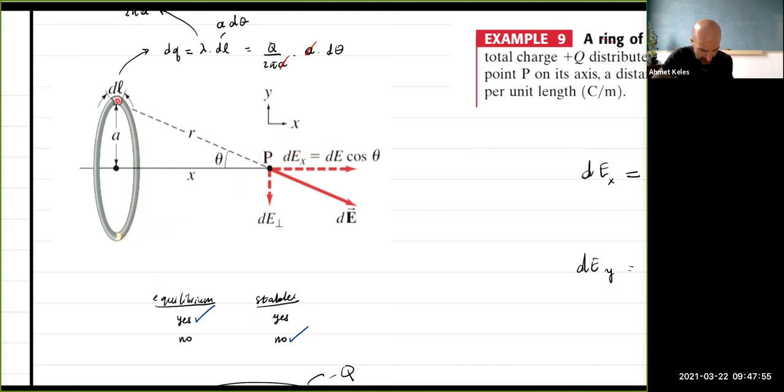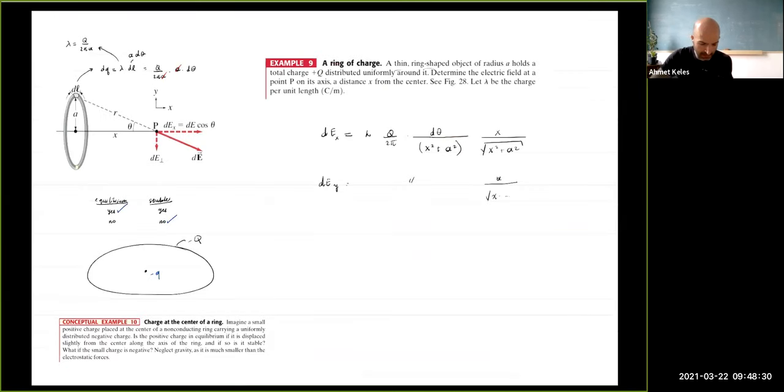So this point has a symmetric point here, and its y component cancels, whereas its x component adds up, because x components are always pointing this way. So I claim that the y component is 0, and I will only integrate the x component.